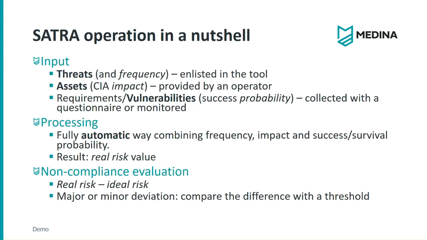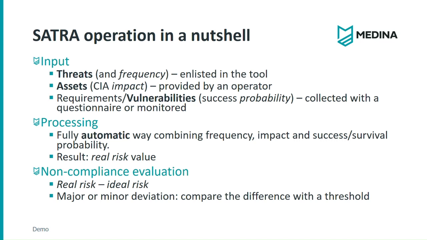In a nutshell, this is how SATRA operates. As any risk assessment tool, it takes three main components: threats, assets, and vulnerabilities, and then aggregates this information in order to calculate the risk. Threats in our case are encoded in the tool.